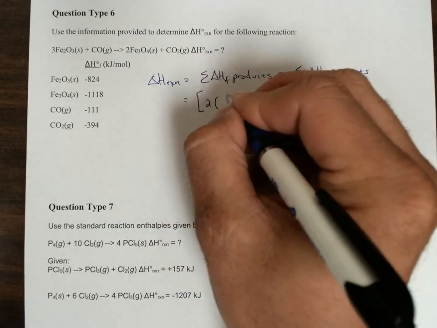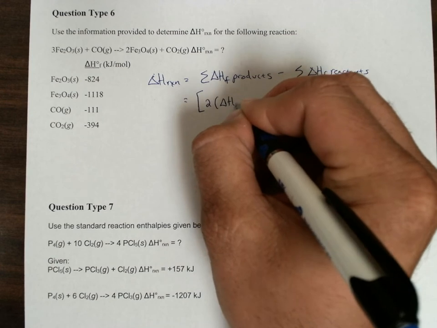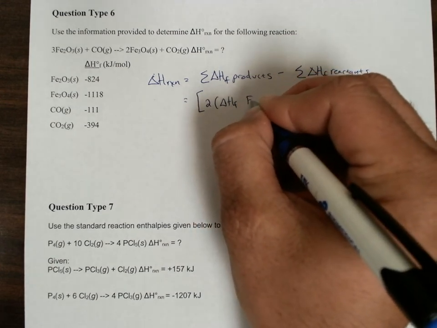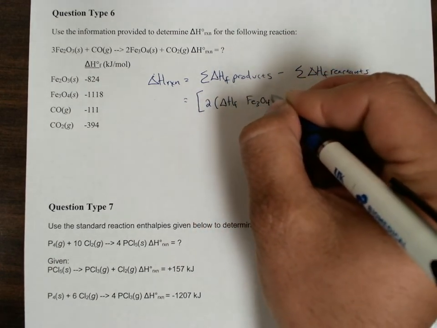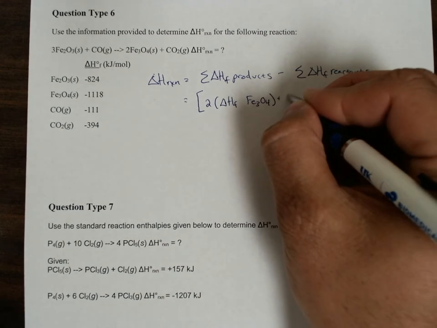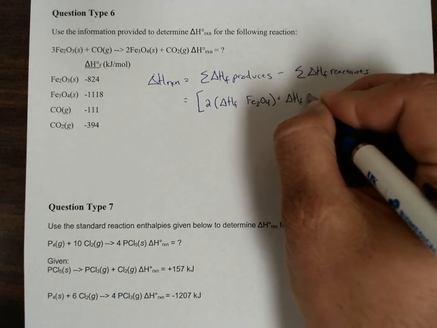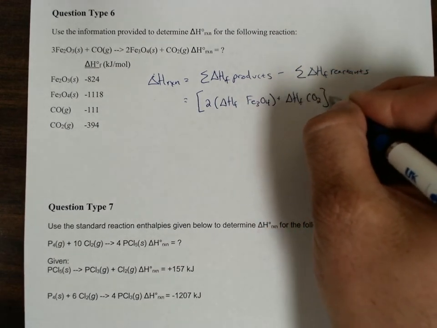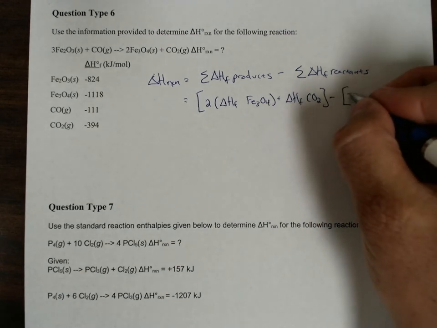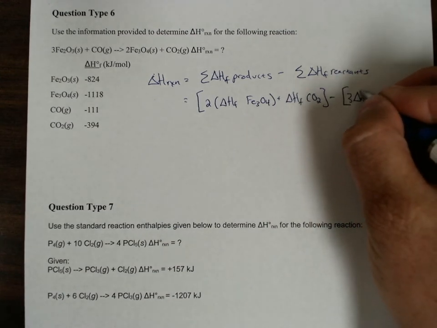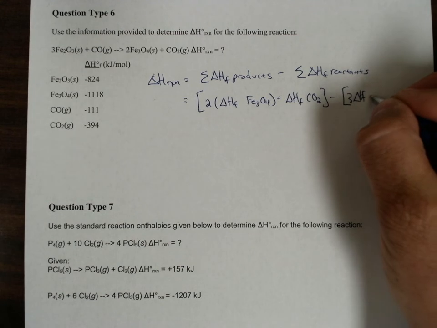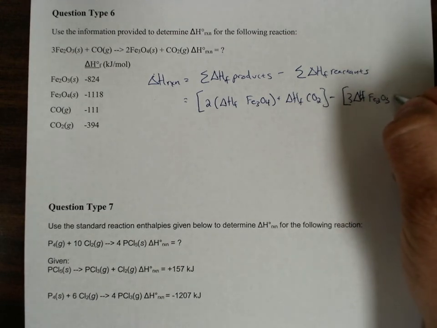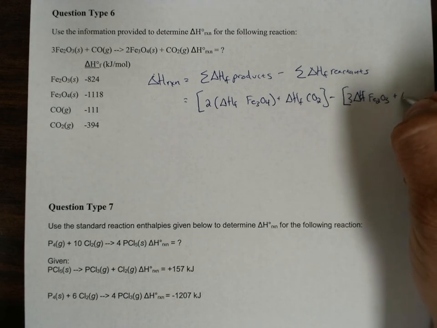We're going to have 2 times delta HF of Fe3O4 and delta HF of CO2. And subtract 3 times delta HF of Fe2O3 plus delta HF of carbon monoxide.